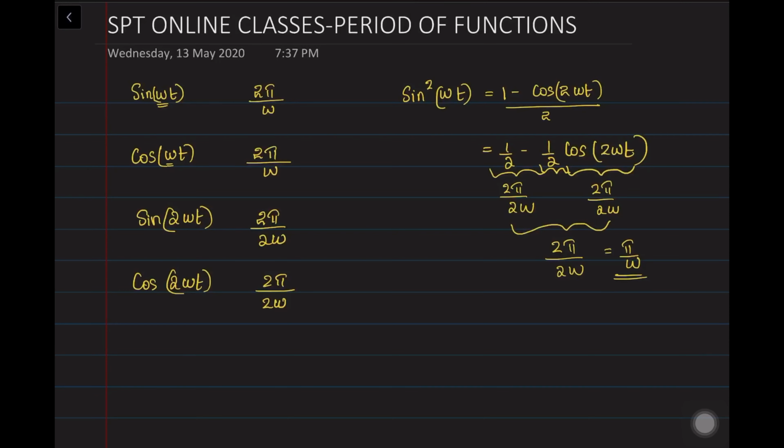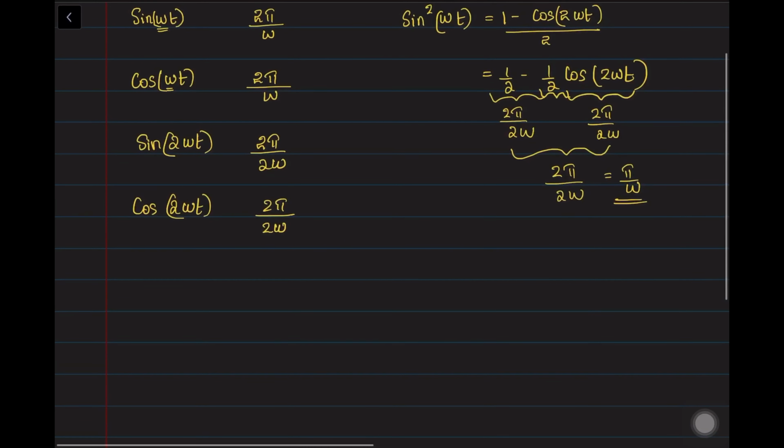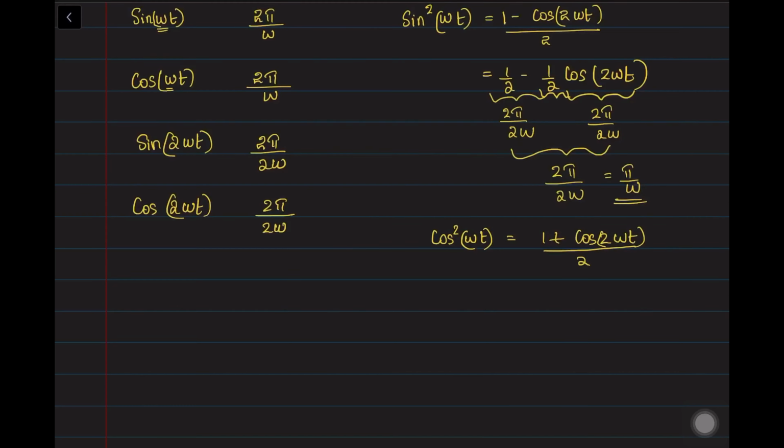Now, if cos square omega t is coming, how will you write cos square omega t? Once again, you should know the trigonometric identity, which is 1 plus cos 2 omega t, whole divided by 2. So here it will be equal to 1 by 2 plus 1 by 2 cos 2 omega t.